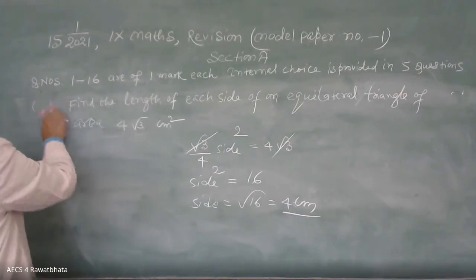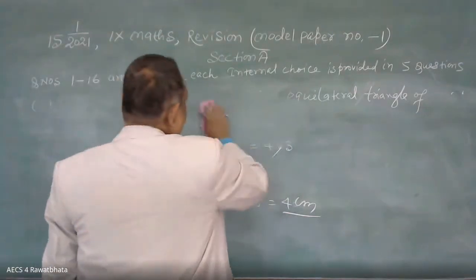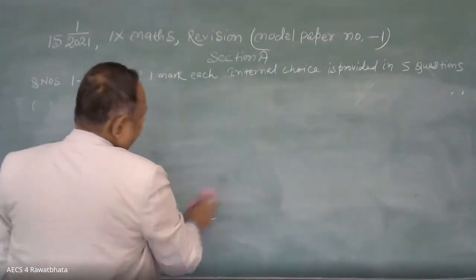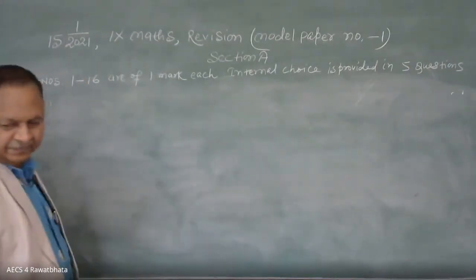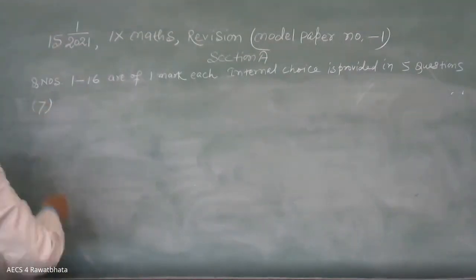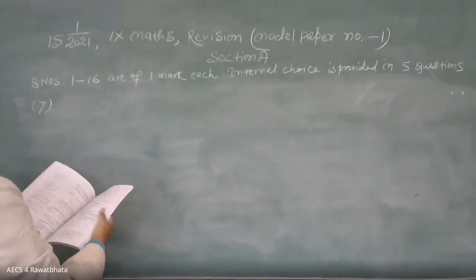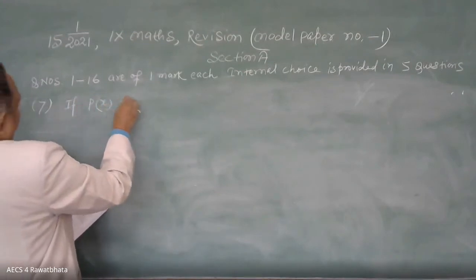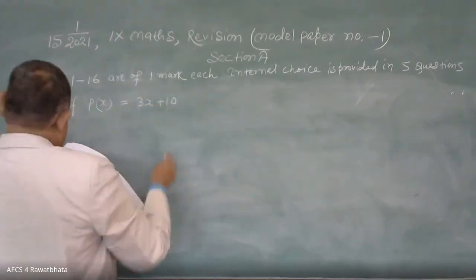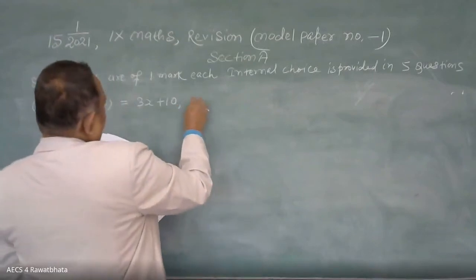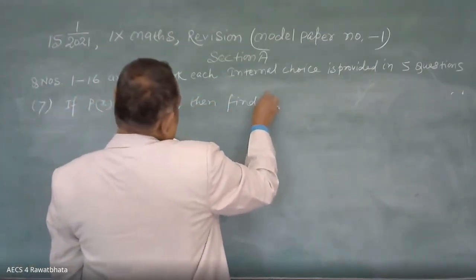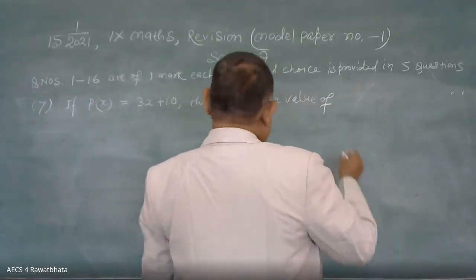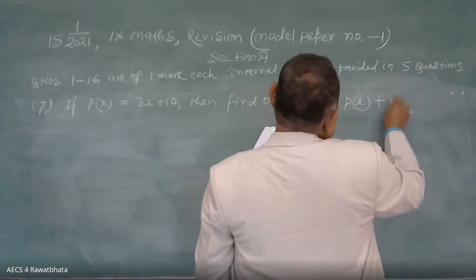Come to question number 7. If Px is equal to 3x plus 10, then find the value of Px plus P minus x.